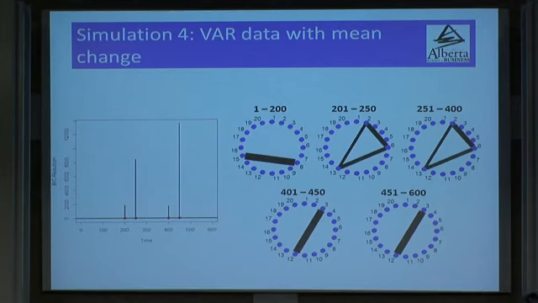The same happens between 400 and 600: it detects the mean change point at time point 450, but the connectivity structure does not change. So it detects the mean change points, which for us are not really of interest, but we have to calculate them in order to get the correct connectivity structure.